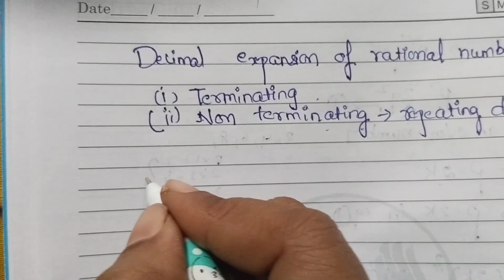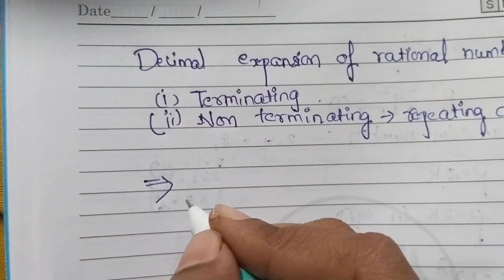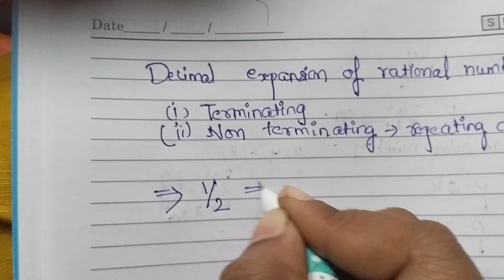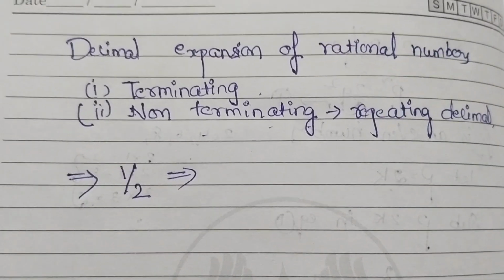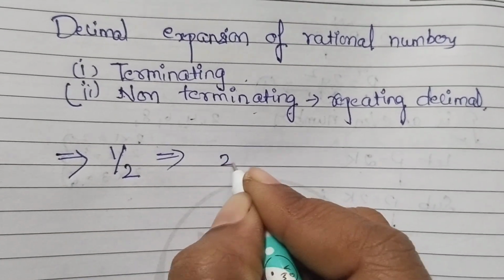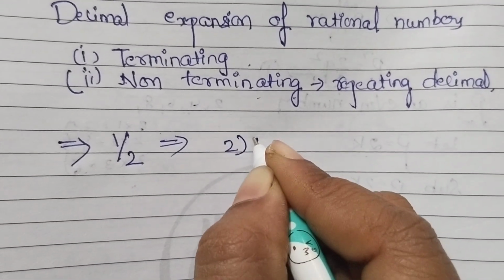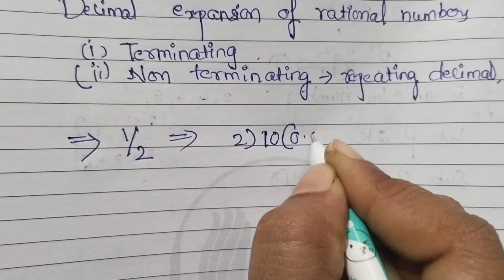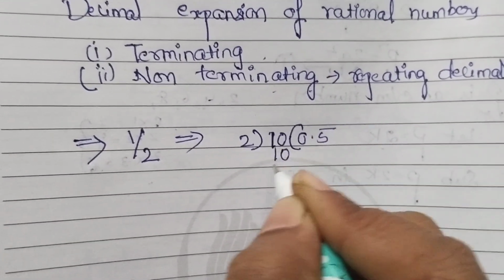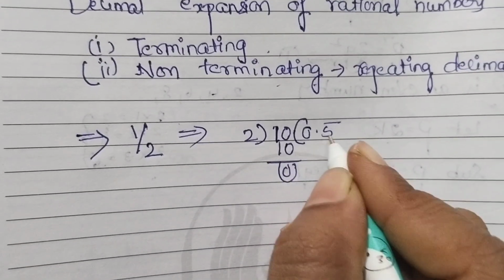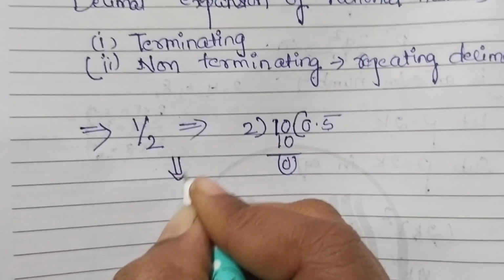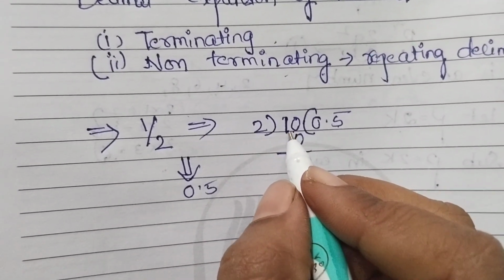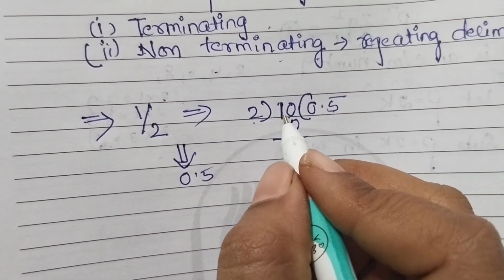Let us take 1 by 2, okay? See, if we divide 1 by 2, 2 is greater than 1, right?